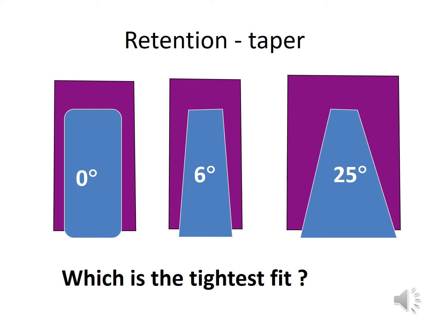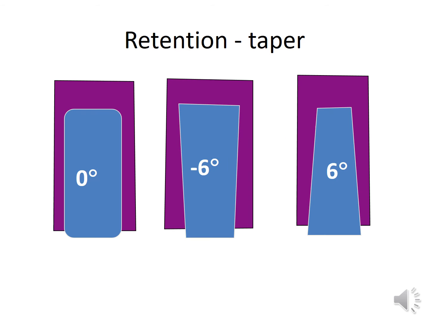You can imagine in this picture, the blue color is a prepared tooth, and the outer surface is a crown. If we have a minus 6, we're going to have an undercut.